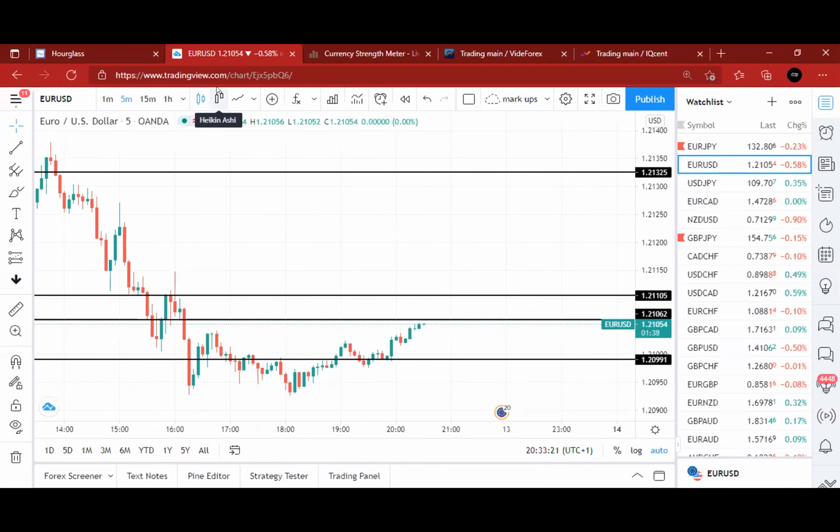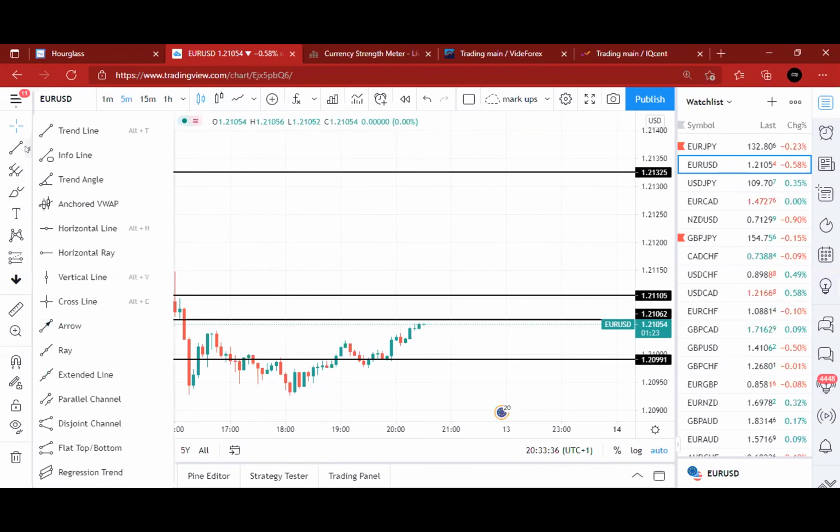For those of you that want to use the app on your phone, you can use the app as well. Once you get TradingView, on the left-hand side, these are all the tools TradingView provides. If you click on this second option here, you get so many tools: trend lines, information line. Now, what you're going to be needing more often is your what?